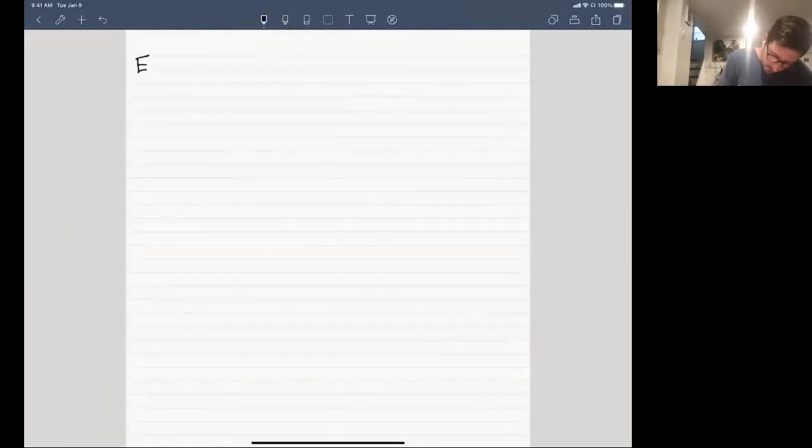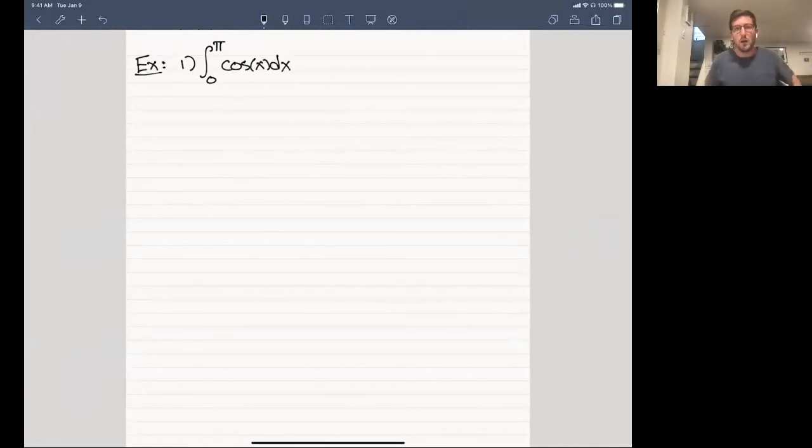So examples. Let's find the area or the definite integral from 0 to pi of cos x dx. Well, what function differentiates into cos of x? Again, we saw in the proof of the fundamental theorem of calculus part 2, it doesn't matter what the constant is on the end. We just need to know the function. And so in this case, there's only one function up to a constant, and that's sine of x.